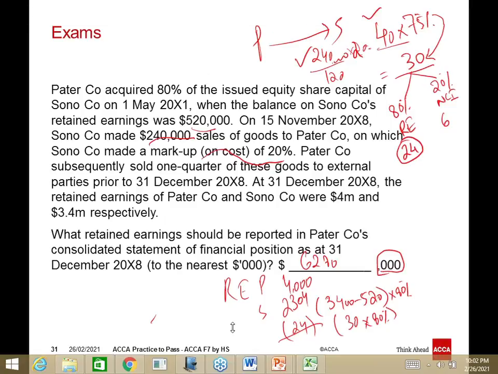Yes, it should be included in the consolidated reserve whether the subsidiary is selling goods to the parent or the parent is selling goods to the subsidiary, but the percentage will be applied only when the subsidiary is selling goods. The examiner always applies the percentage when the subsidiary sold goods to the parent.